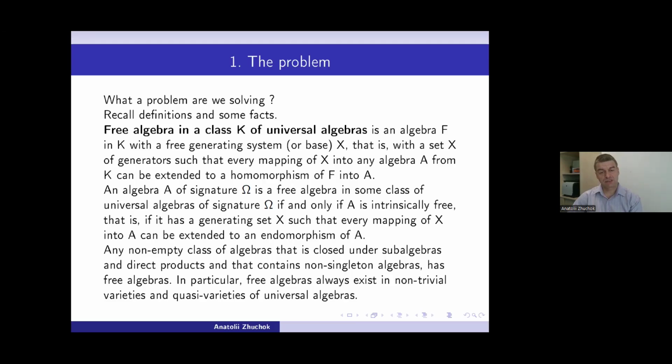So this algebra has a generating set X such that every mapping from X into the algebra A can be extended to an endomorphism of A. A non-empty class of algebras that is closed under subalgebras and direct products and contains non-singleton algebras has free algebras. In particular, free algebras always exist in varieties and quasi-varieties of algebras.